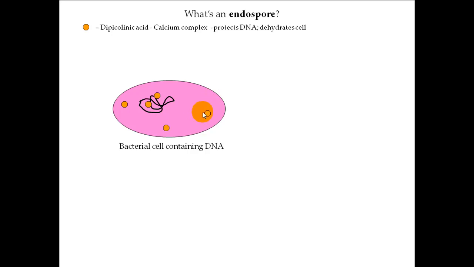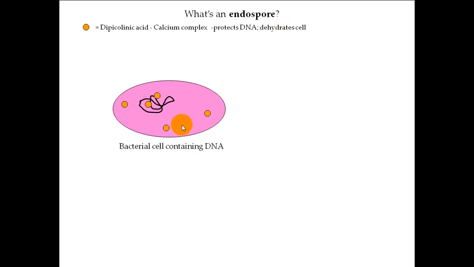There are a lot of enzymes that need water in order to work. If those enzymes aren't working at full capacity, then the metabolism ends up getting slowed down inside of that cell. That's useful if you're trying to sit out a long period of being in a tough situation. So that's one reason why lowering the water content is useful.